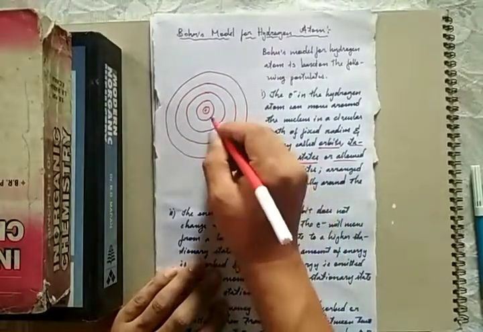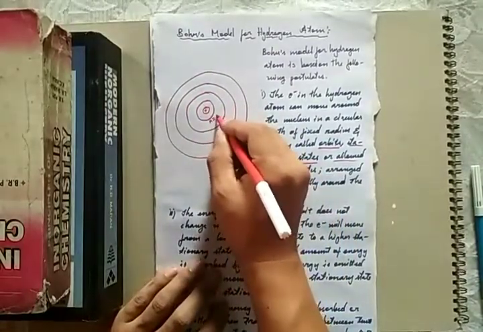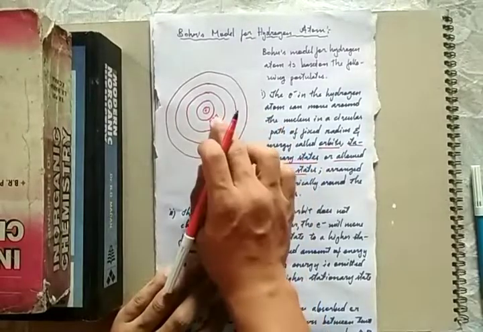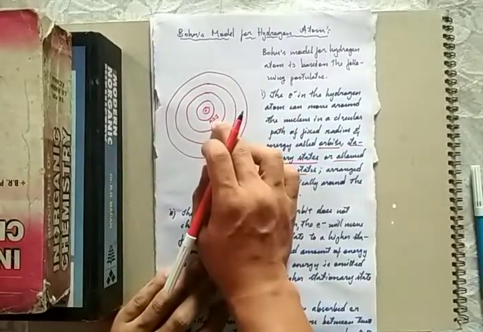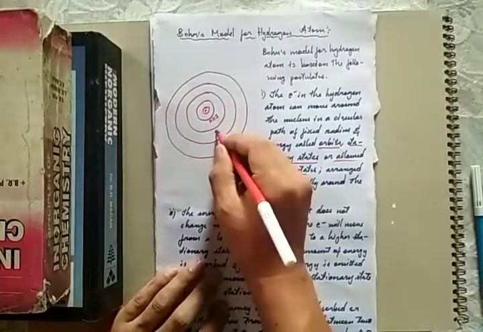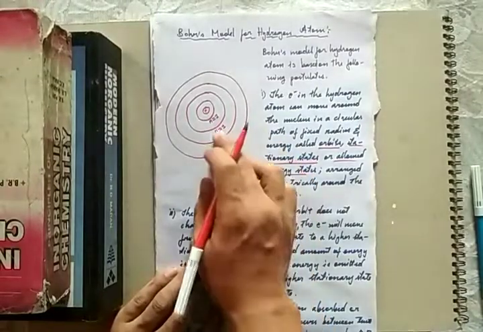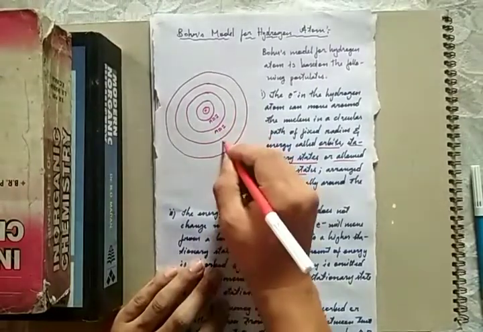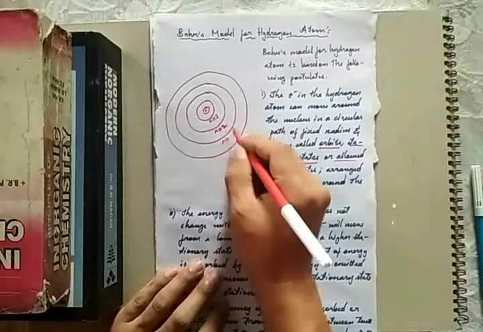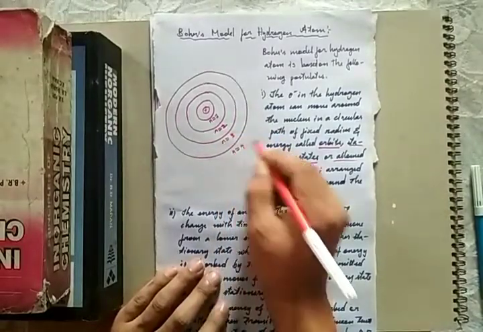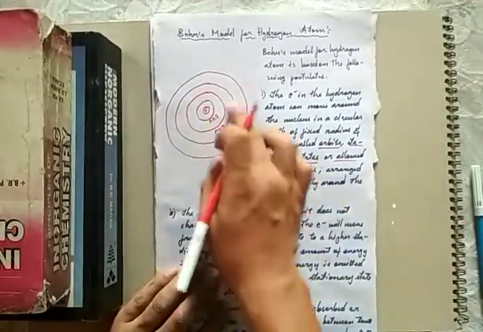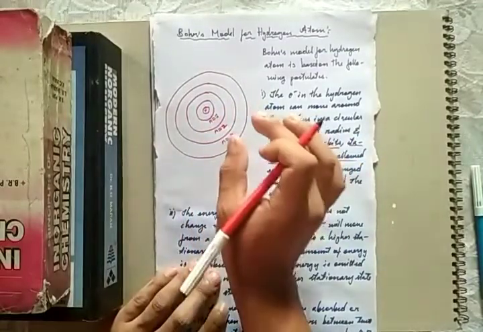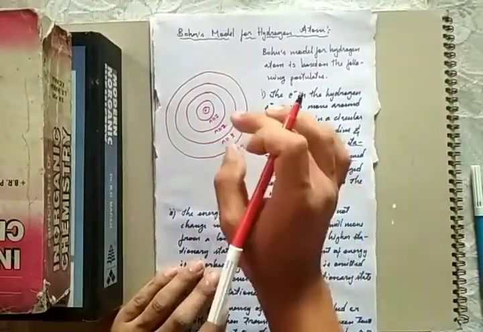So let us denote the first shell, orbit or stationary state as n1, the second as n2, n3, n4. These orbits have fixed radius and energy.